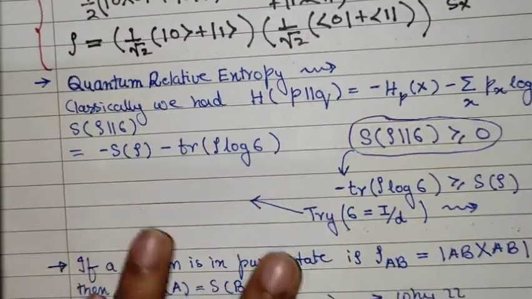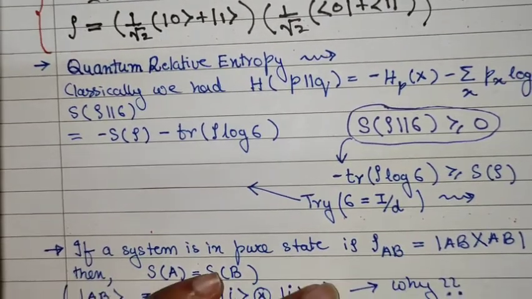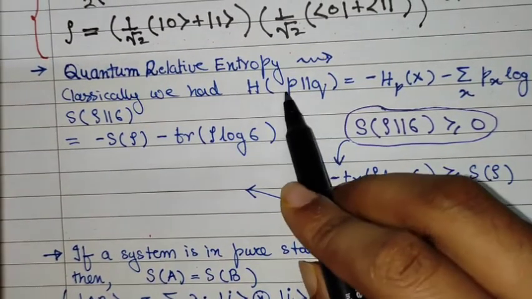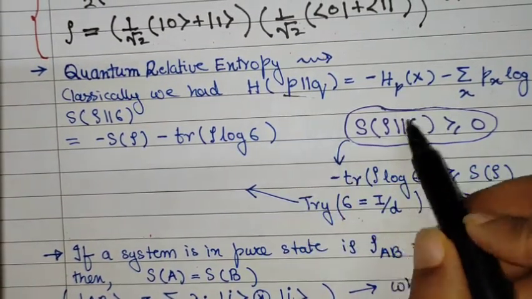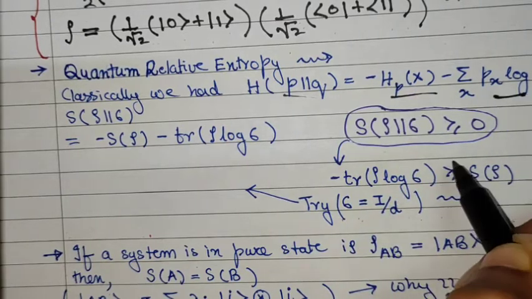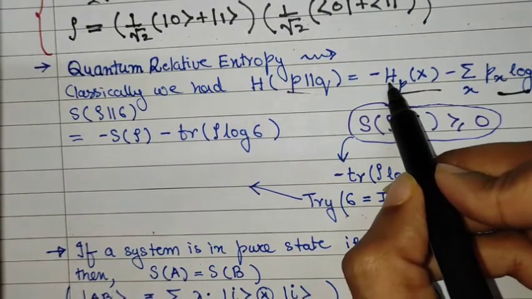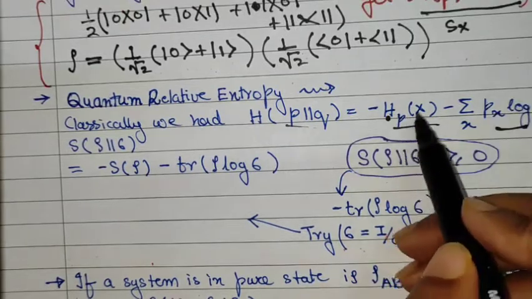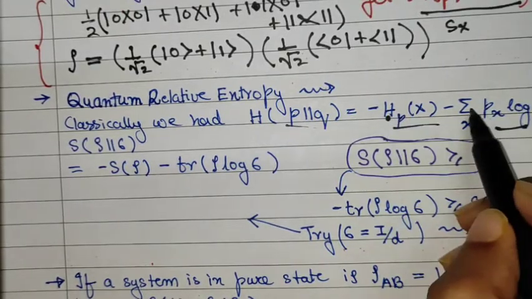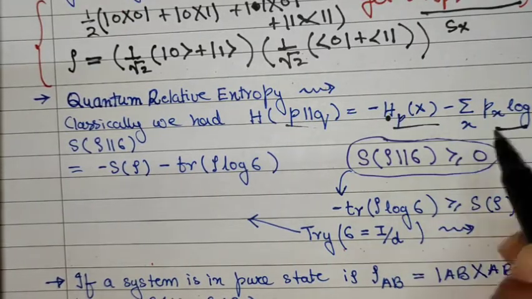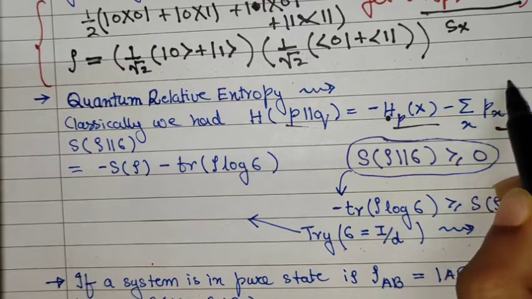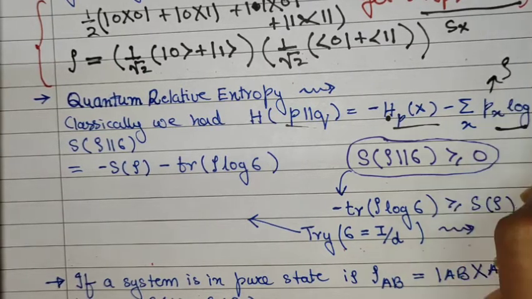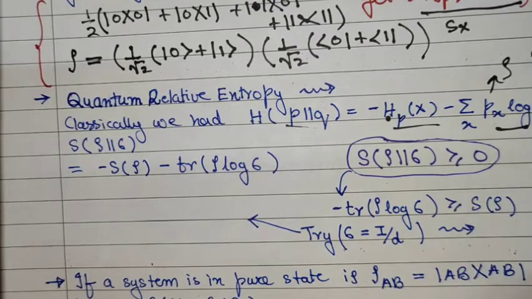Now let's look at what the quantum relative entropy is. Just like the classical case, where we had relative entropy defined in this form, in the quantum case I will just replace this with the von Neumann entropy, and replace the summation with a trace and the probabilities with the corresponding density matrices, like rho and sigma.